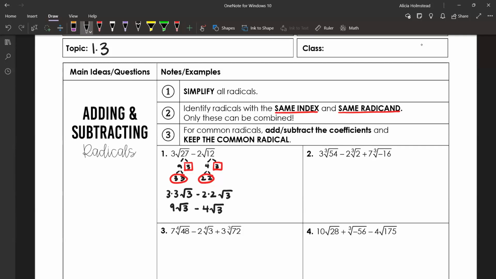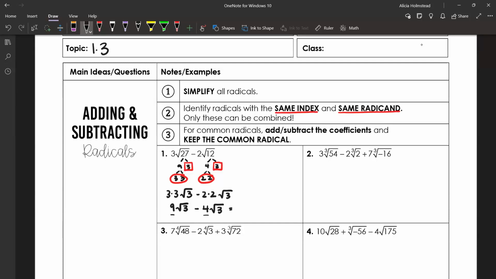And then the next step is to identify radicals with the same index and the same radicand. Well, both of these are square roots, so our indices are the same, and then they both have a 3 as the radicand, so we know we can combine them. And step 3 says for common radicals, add and subtract the coefficients. So remember, these numbers out front are the coefficients, and keep the radical the same.